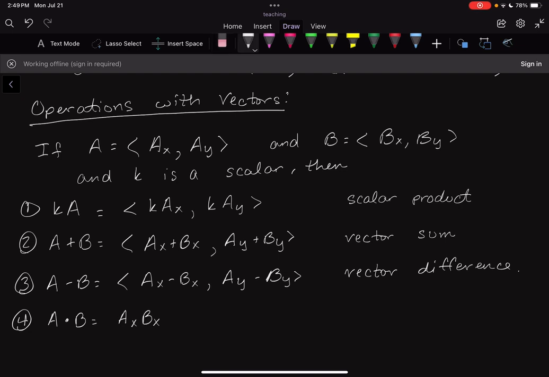So you'll multiply the X components, you'll multiply the Y components, and you'll add those together. This is called the dot product. You'll notice that 1 through 3 are the only ones that are actually left as a vector. Number 4, the answer becomes a scalar.